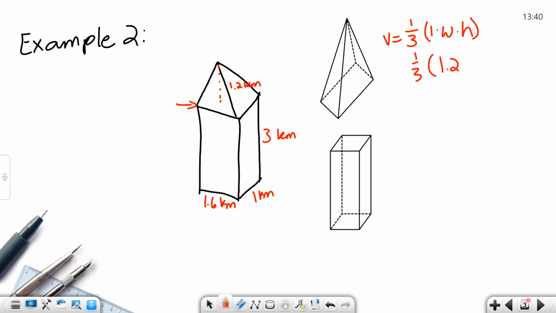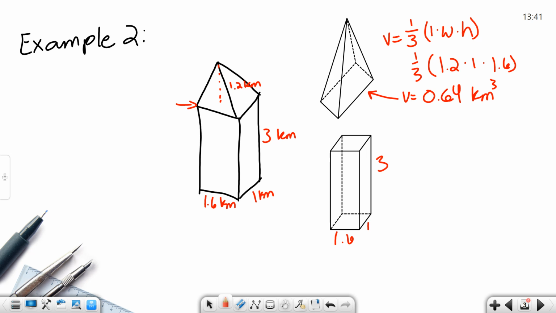One-third times 1.2, because that's our height, times 1 times 1.6. We get a volume equal to 0.64 kilometers cubed. Remember, this is for the pyramid at the top.